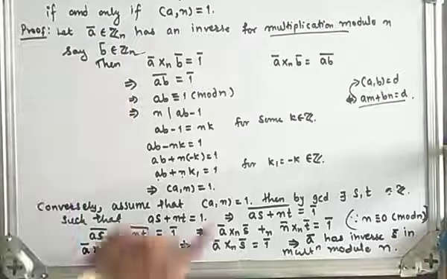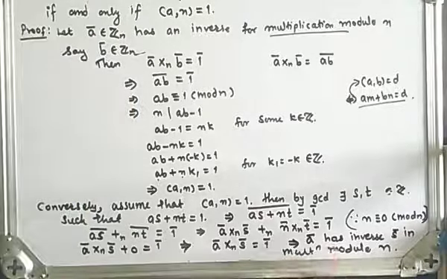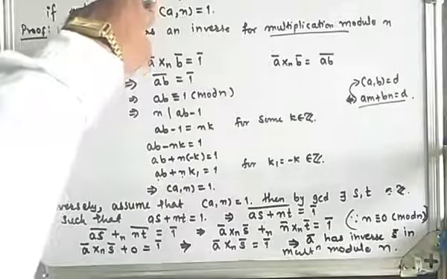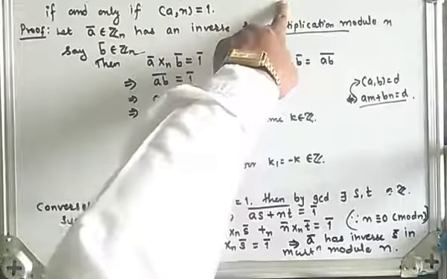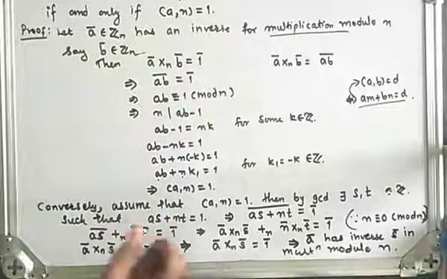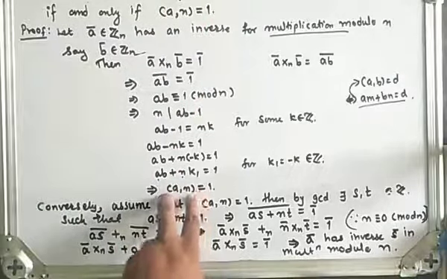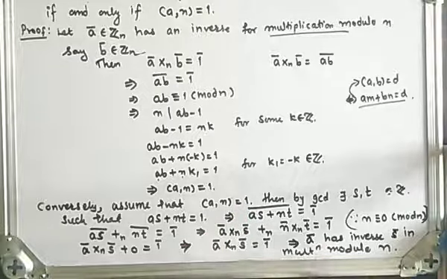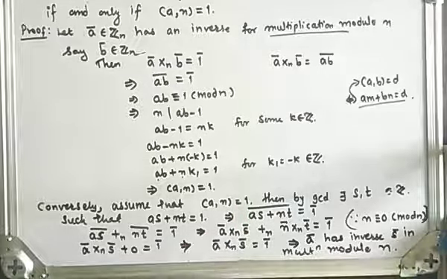So here we have proved that a bar has an inverse s bar in Zn. We have proved that if a bar belongs to Zn has a multiplicative inverse, then GCD of a and n is equal to 1. And in the converse part, if I consider GCD of a and n is equal to 1, then we have proved that a bar has an inverse element in Zn, which is s bar, right?